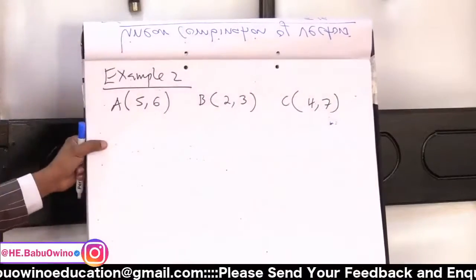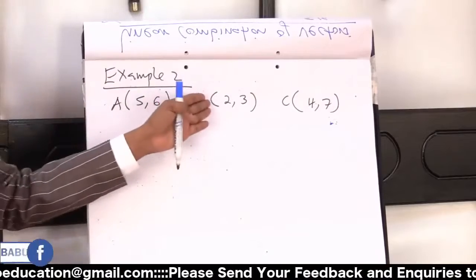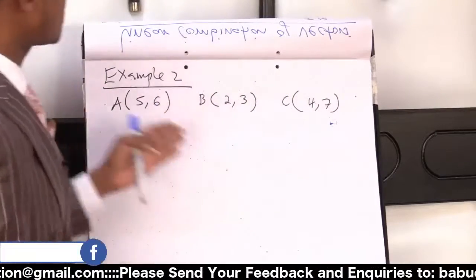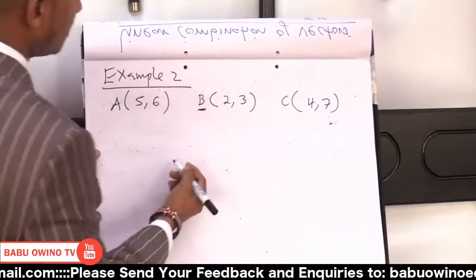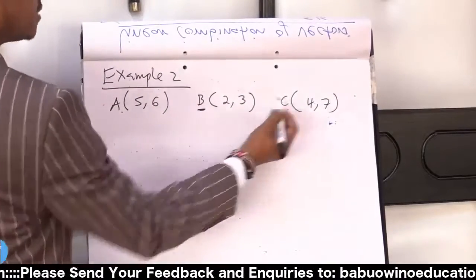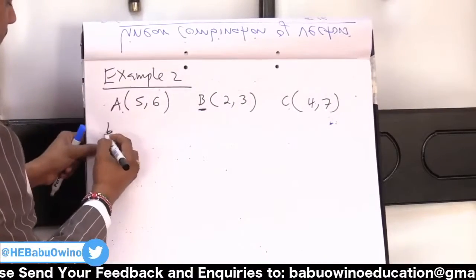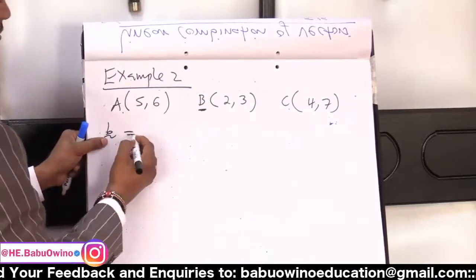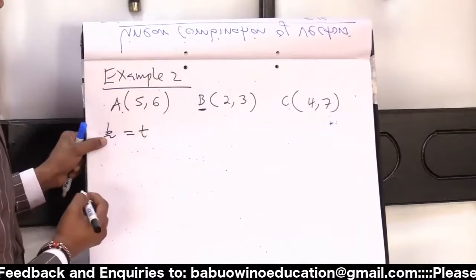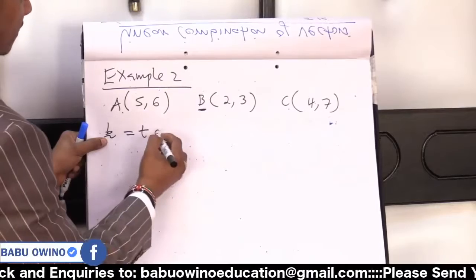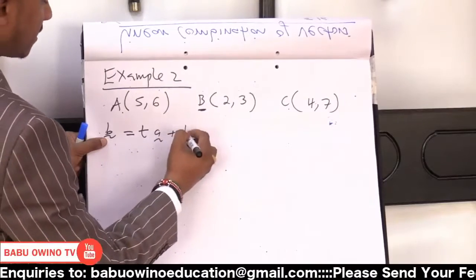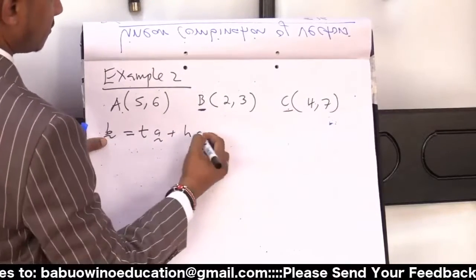So let's express B as a linear combination of A and C. So we say B equals T of A plus H of C.